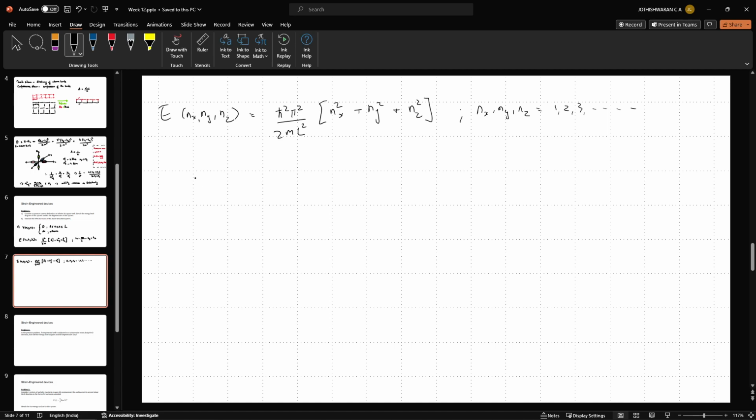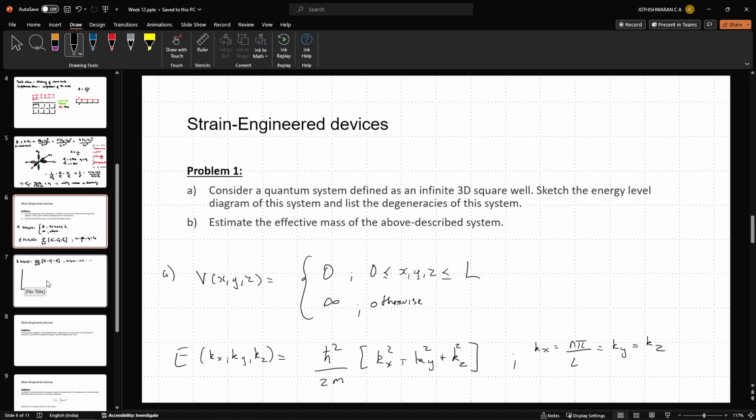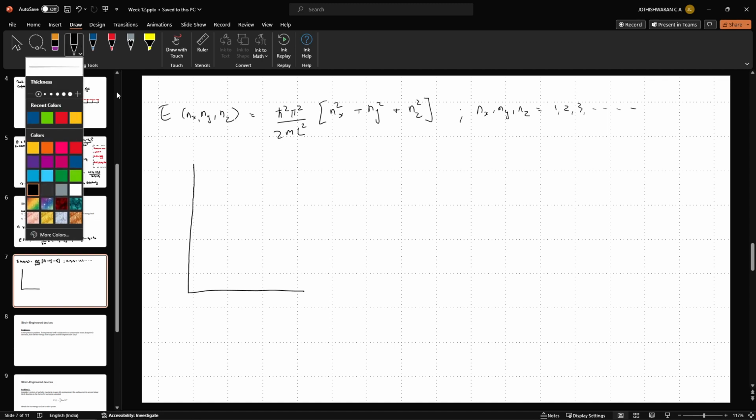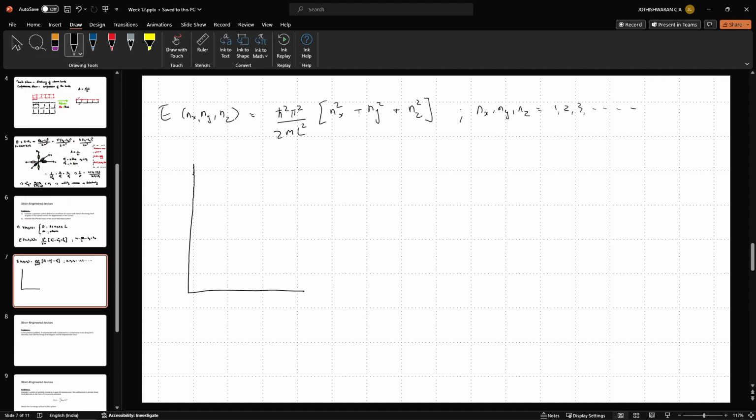So now all we need to do is just sketch the energy level diagram. Let us do it for the first 5 energy levels. But what is also required here are the degeneracies. So the ground state, and this is true for most quantum systems, is seldom degenerate. The ground state is usually a non-degenerate system.